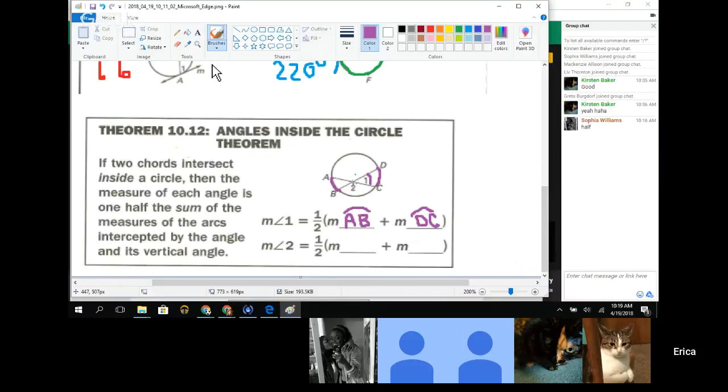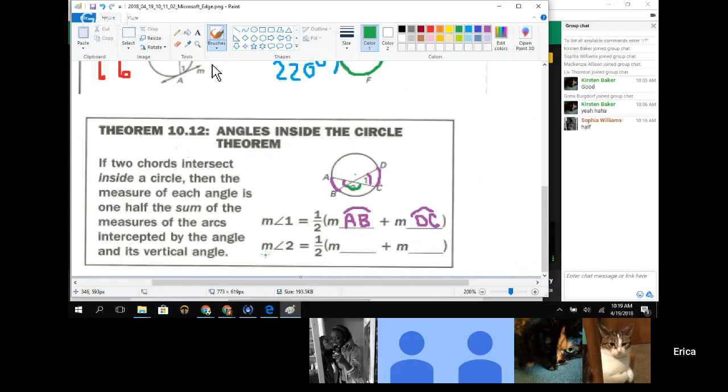And guess what? This angle 1 over here should be congruent to this angle over here, right? Because do you remember what those are called? Vertical angles, right? Since they're two lines that intersect, those two are the same. Okay, so then if I go to angle 2 down here, angle 2 is the one that's right here. It's a crazy looking angle. So angle 2 is right here in green.